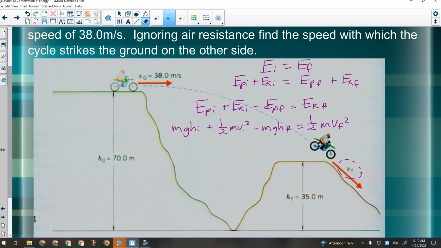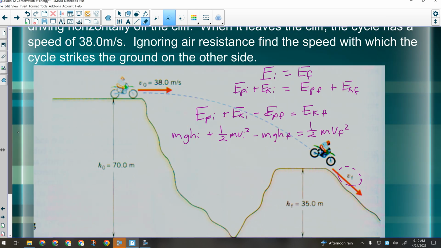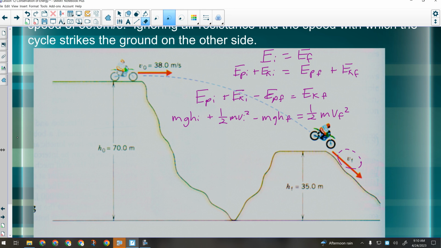Do I have something that is in every term? M. If it's in every term, what can I do with it? Take it off. Yeah, I can cancel it out. You don't have to, you can leave it in, but in this case, I don't think I ever gave you the mass of the motorcycle. I didn't. So we have to cancel it off; we don't know what it is.